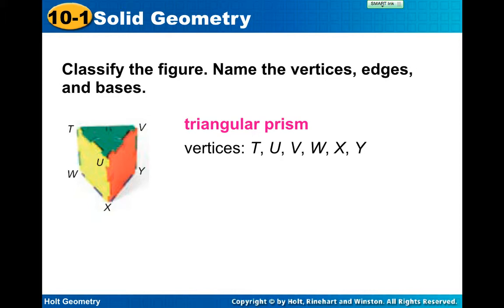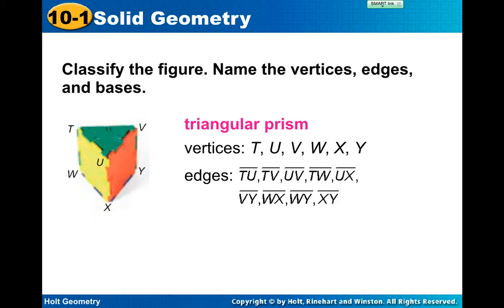Edges, how many edges are there? 9. 3 around the triangle on the top, 3 around the triangle on the bottom, 3 going up and down. And bases. The 2 triangles, could we name any of the rectangles? No, there's not a parallel one to it. We do have a symbol for triangle, so you could go triangle TUV, triangle XY, WXY.